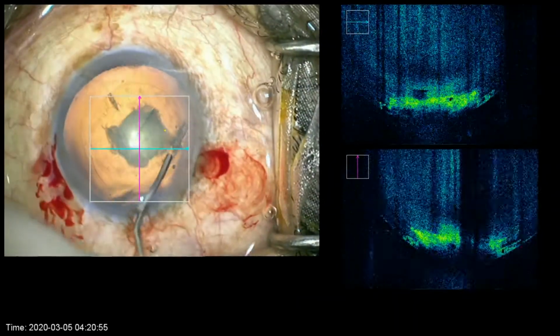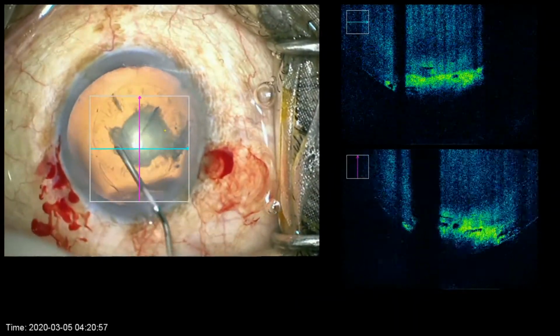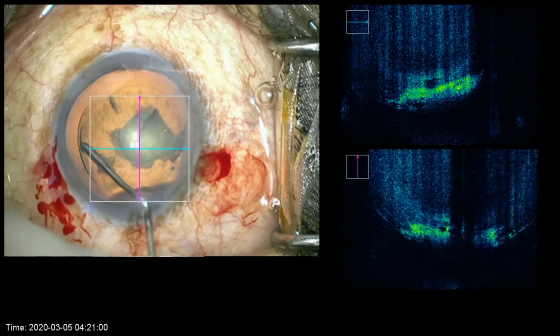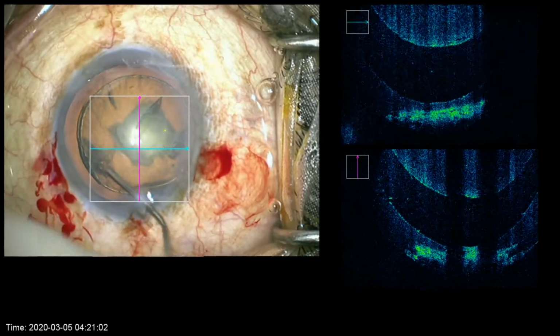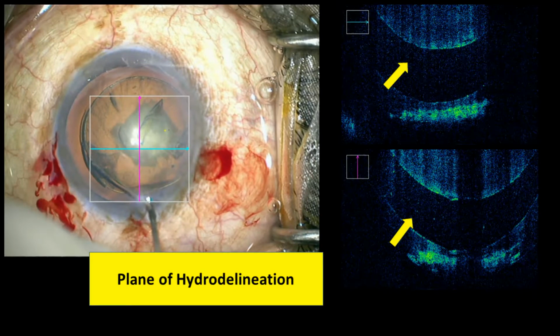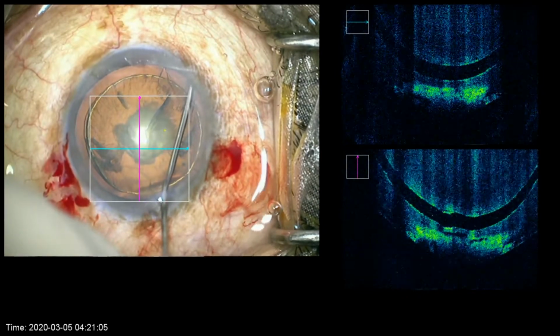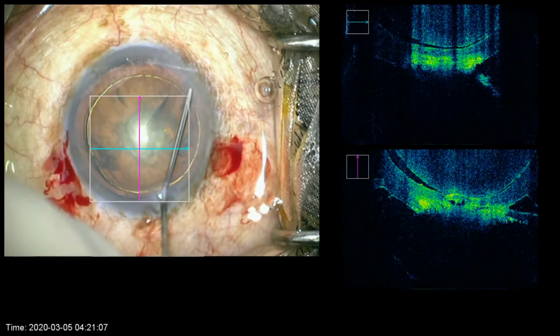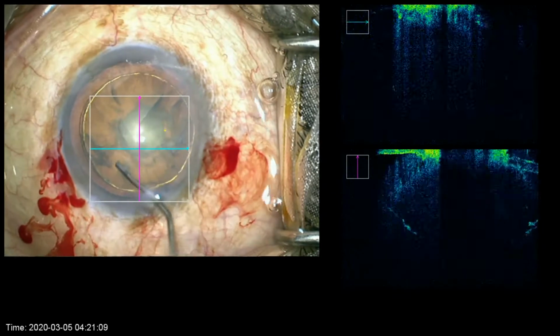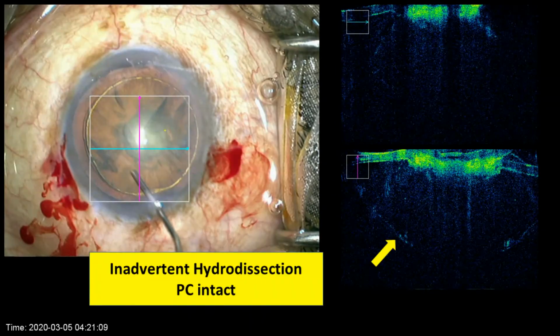Inadvertent hydrodissection during hydrodelineation was observed in one case with type 2 posterior polar opacity. The first wave of hydrodelineation led to the separation of the epinuclear cushion from the nucleus. During passage of the second wave of hydrodelineation, fluid seeped in between the posterior capsule and the lens cortex, leading to an inadvertent hydrodissection.